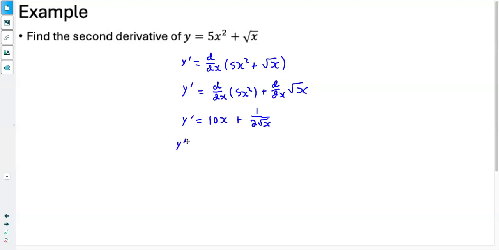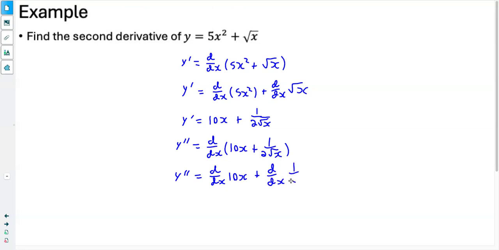Now to take our second derivative, we're just taking the derivative of this again. So that's d/dx of 10x plus 1 over 2 root x. So that would be d/dx of 10x plus d/dx of 1 over 2 root x.